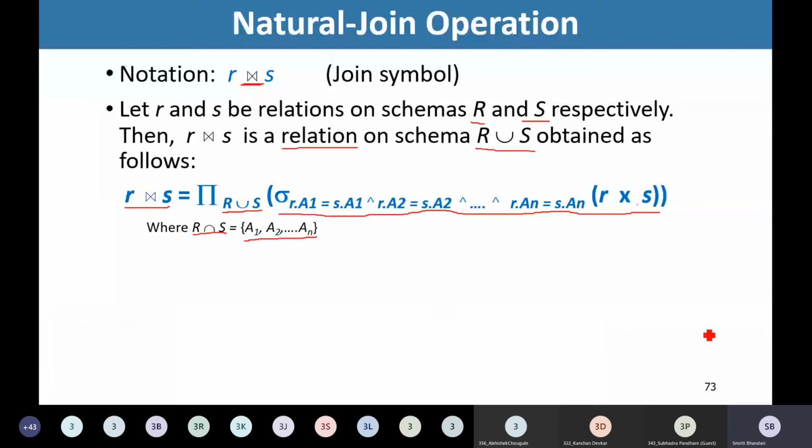And what is the reason? Let me give you one simple example once again. If I am having two relations, say R and S, where the attributes of R are, say, A, B, C, and let us assume the attributes of S are A and D. Let us assume that we are having A, B, C as 1, 2, 3.